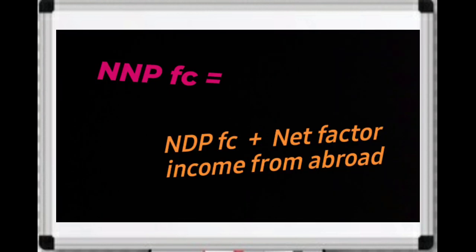National income, NNP at FC, is found by adding net factor income from abroad to NDP at FC, net domestic product at factor cost. The formula for national income is NDP at FC plus net factor income from abroad.